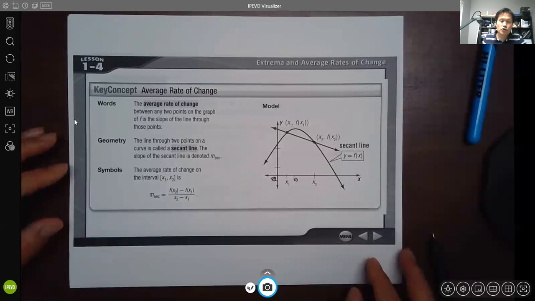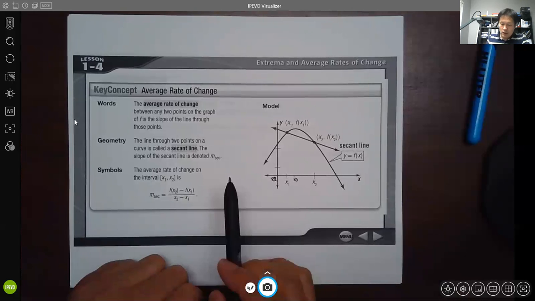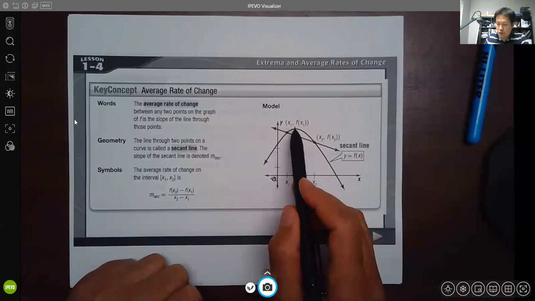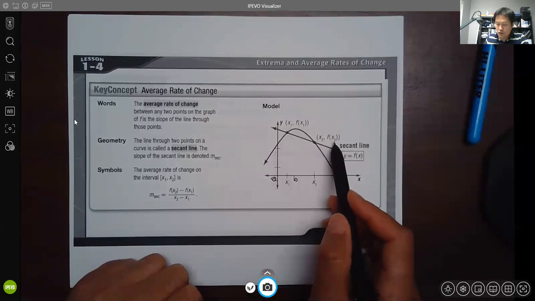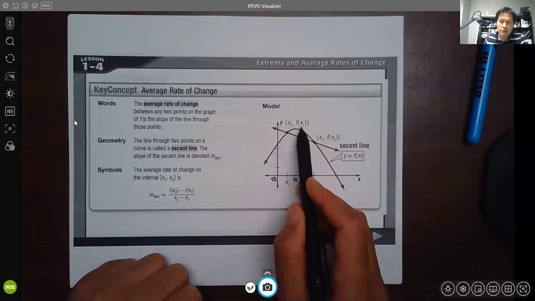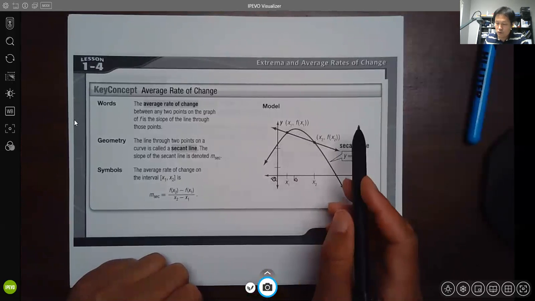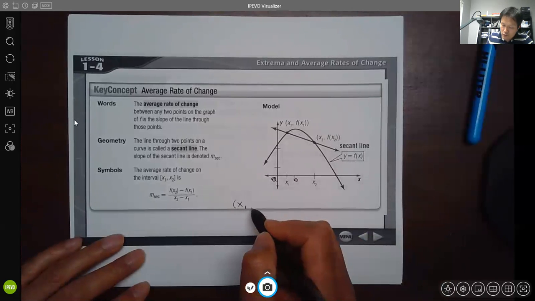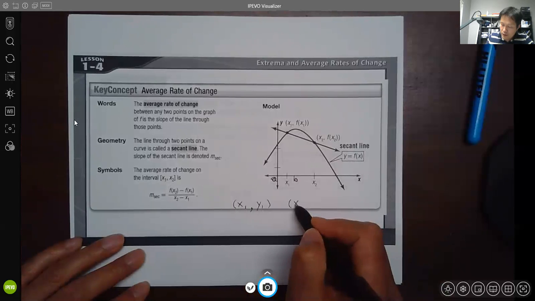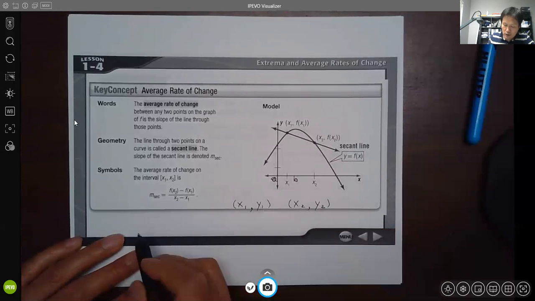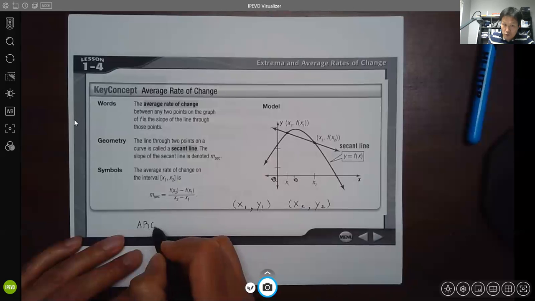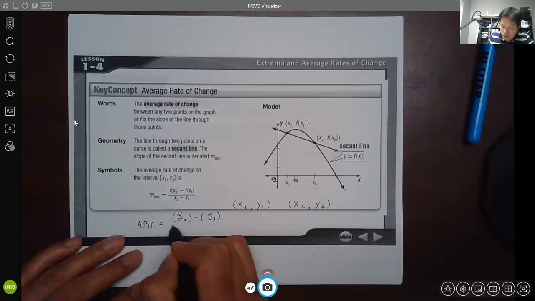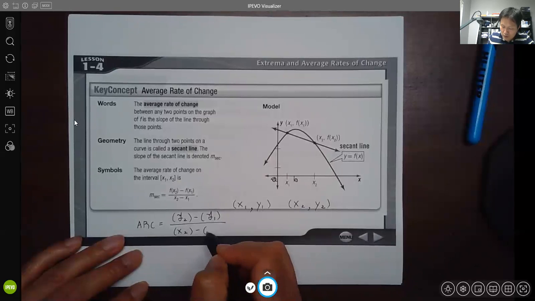Okay, average rate of change is exactly the same as the slope formula. Given 2 points, x1, y1, x2, y2, where f of x1 is y1 and f of x2 is y2, the average rate of change formula is y sub 2 minus y sub 1 all over x sub 2 minus x sub 1.